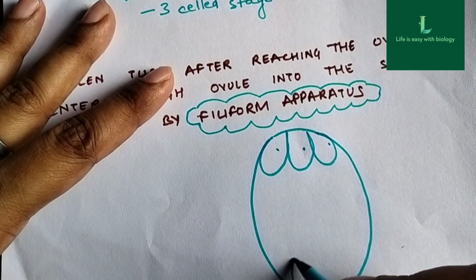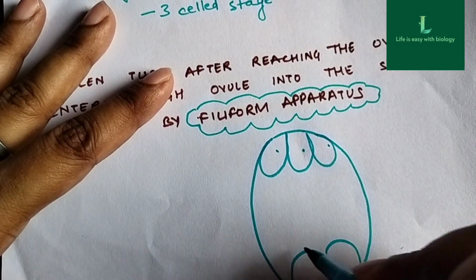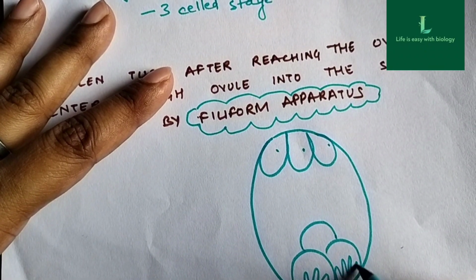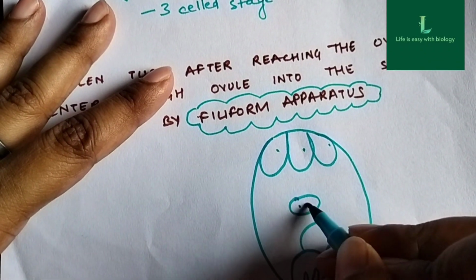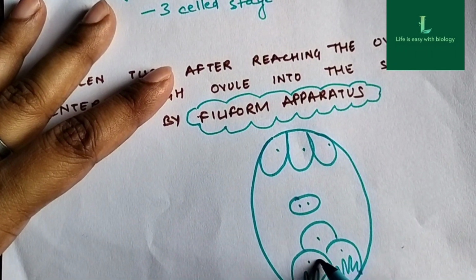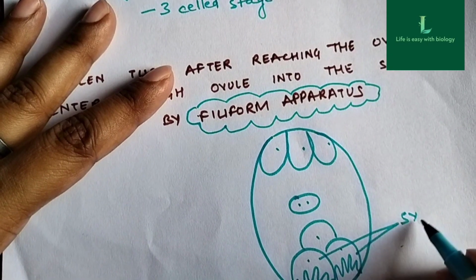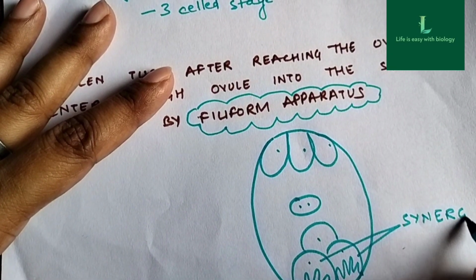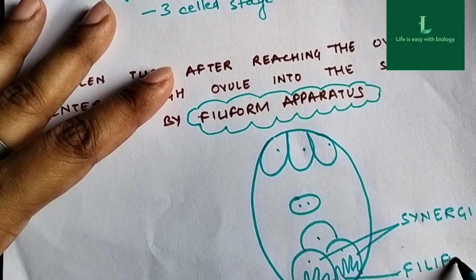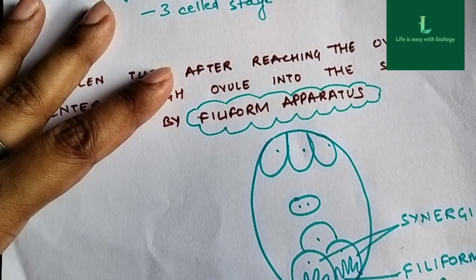Here was the egg apparatus, the synergids and an egg cell. Synergids have filiform apparatus, finger-like projections, and here there was a central cell which has polar nuclei in it. These are the synergids, students, and this is the filiform apparatus.